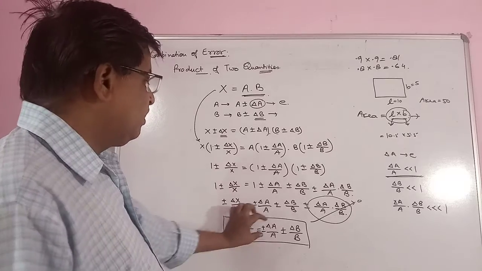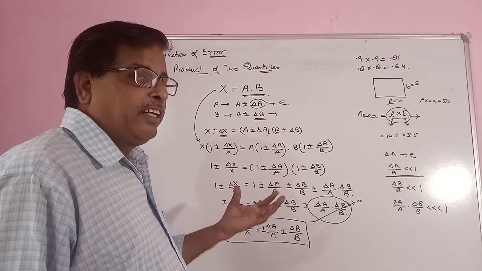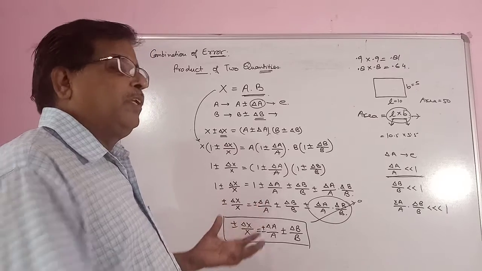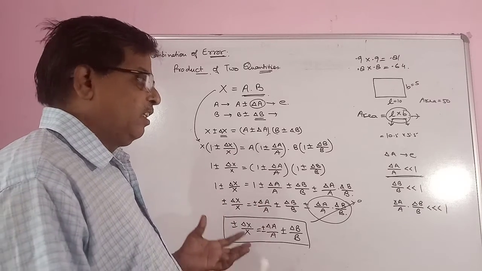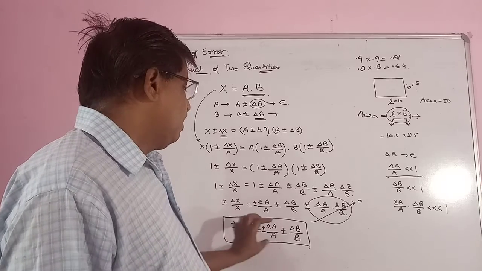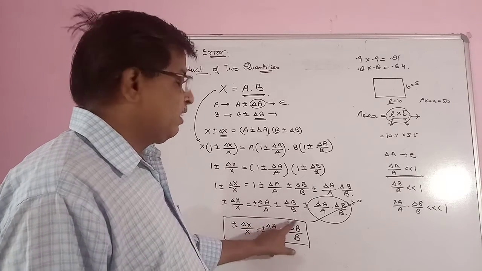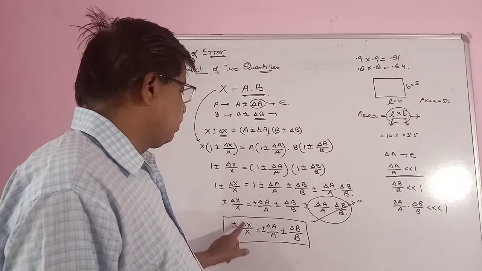Again, what is this? This is relative error. In the previous lecture, when we discussed the types of error, we discussed this thing. This is relative error. This is also relative error. This is also relative error.